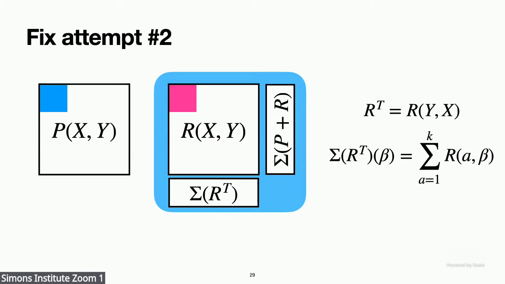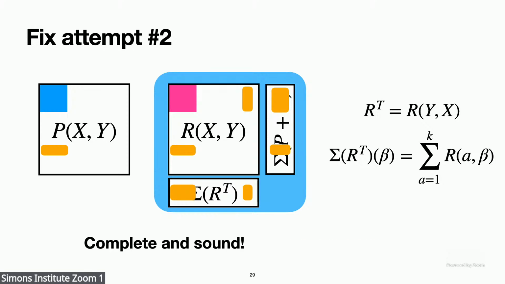Formally, if I write R^T, R transpose, to be just like R but with the variables swapped, then sigma of R transpose is just the sums over each of the columns of this R. So to check it, I check both proofs, and I do this cross-shaped thing to check consistency. And it turns out that this is complete and sound, and it may even be zero knowledge.